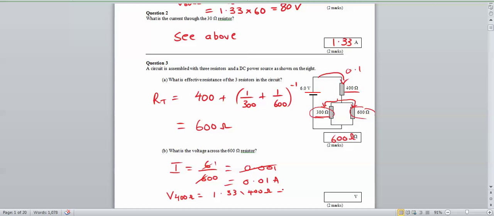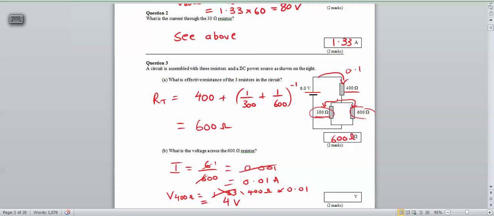Okay, I'm really trying to rush here, so I just paused it. The current actually is 0.01 amps, we just worked that out before. So the voltage across the 400 ohm resistor is 4 volts.